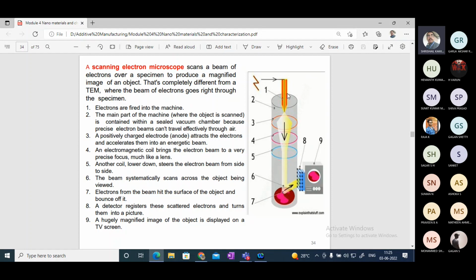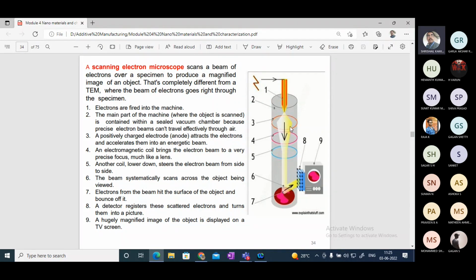Once it is heated up from the metal barrier, the electrons will be emitted from the cathode at a threshold temperature. And this particular space, the two, indicates the main part of the machine wherein the traveling happens. It is a vacuum chamber. It will be creating the vacuum chamber.